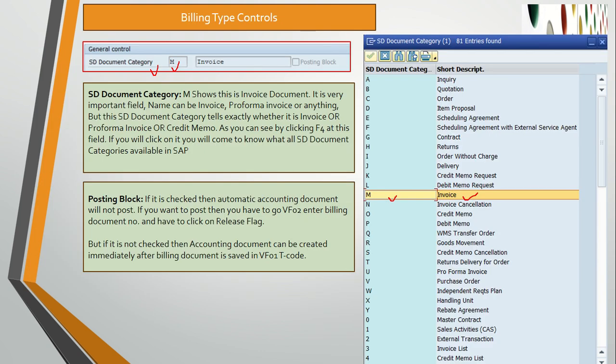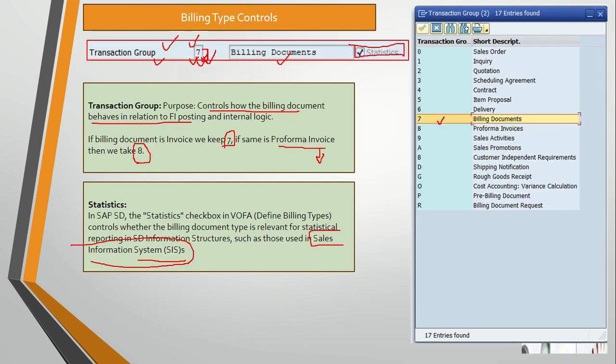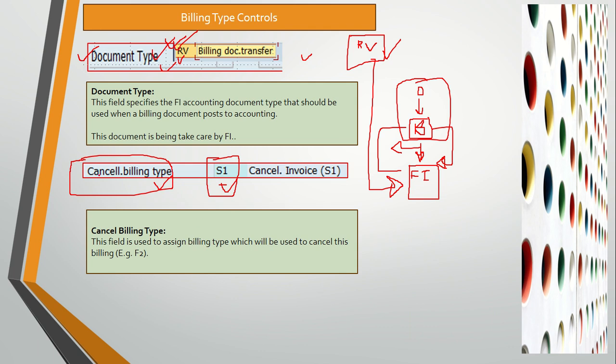Why? Because this S1 is getting assigned here to the F2 billing document type. So we were here, cancel billing document type we have to assign here.